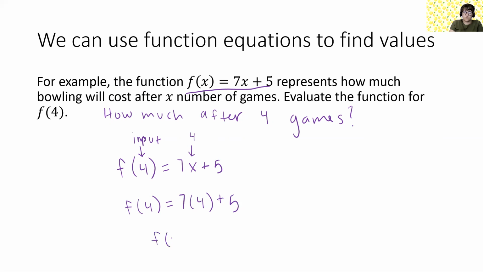And f of 4 is going to be equal to 28 plus 5, which means after 4 games of bowling, it will cost $33.